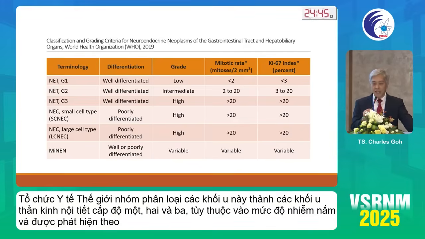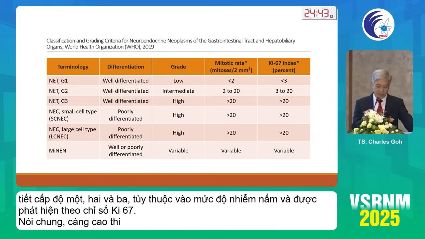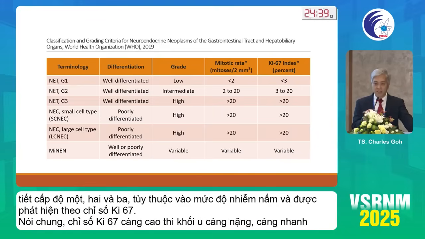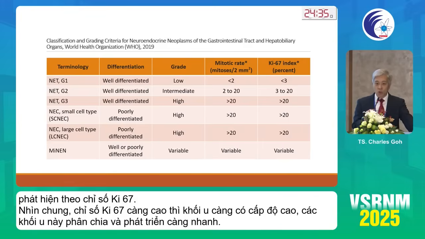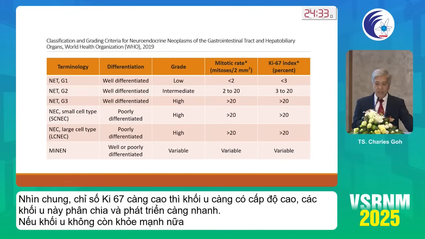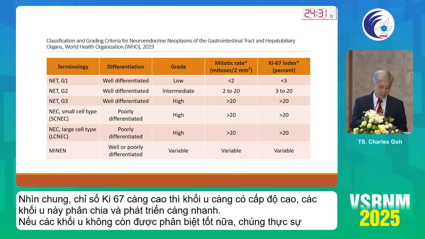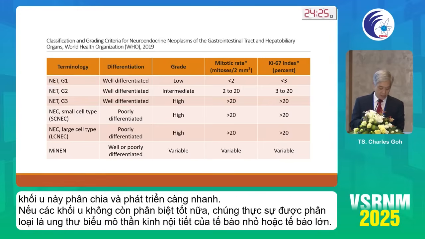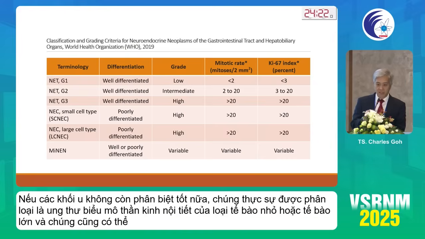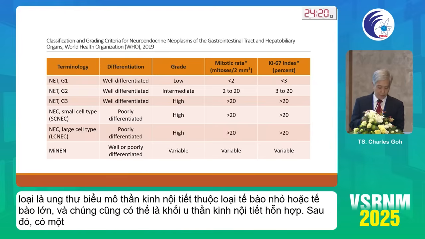Generally speaking, the higher the Ki-67 index, the higher grade of the tumor, the more rapidly these tumors are dividing and growing. If the tumors are no longer well differentiated, they are actually classified as neuroendocrine carcinomas of either the small cell or large cell type, and they can also be mixed neuroendocrine neoplasms when there is a mixture of different differentiation.